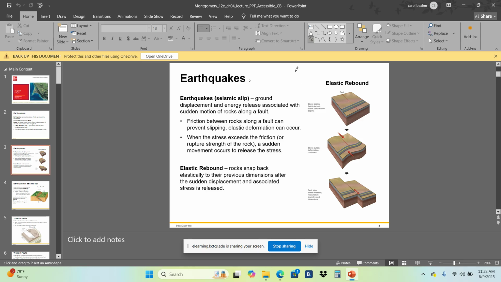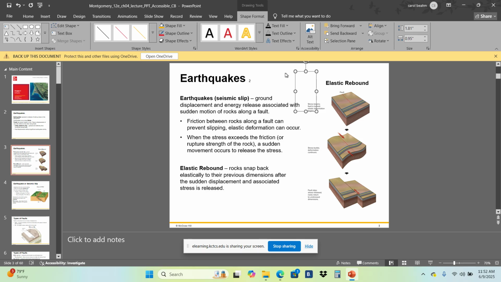Okay, so there's this bend in that fault. So up here it's moving, here it's moving, and right here, because of the change in geometry, it's kind of stuck. So that can happen, as well as just friction between the two sides.